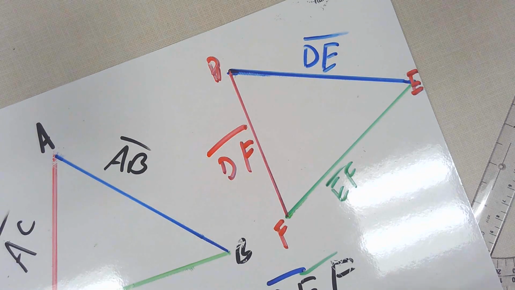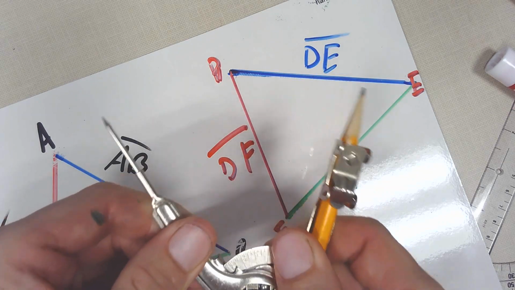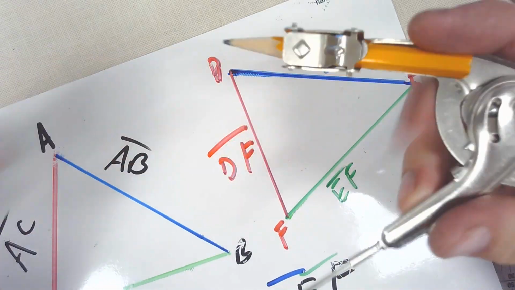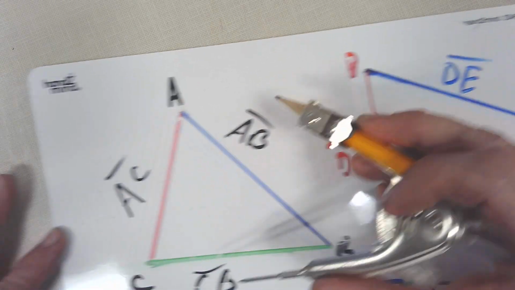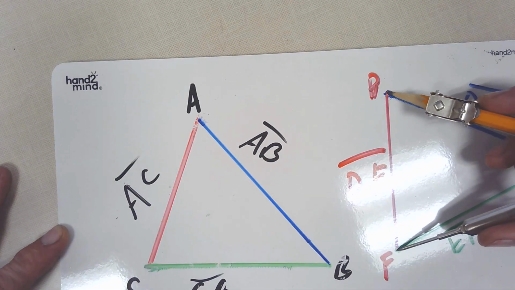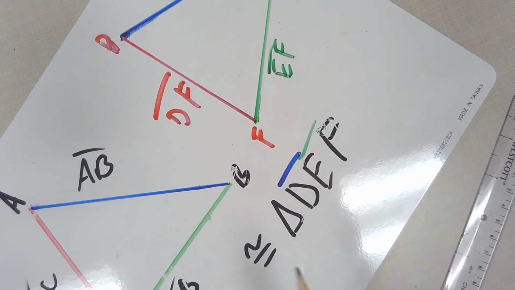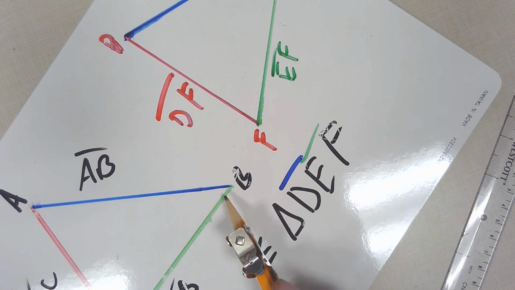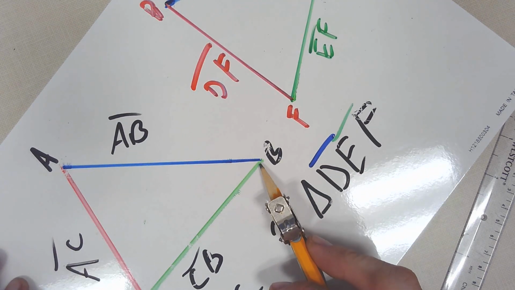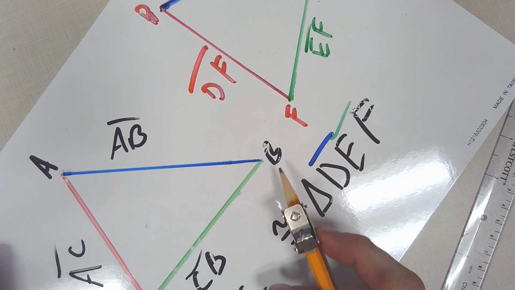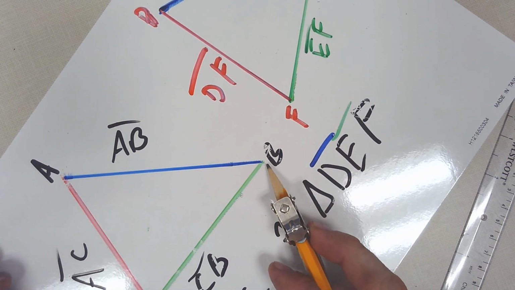Okay, so that's how I would construct that, and now I'm going to use a compass to see if all my lengths are roughly the same. So I look at DF, which is about the same as AC. I look at BC, and it's about the same as EF.